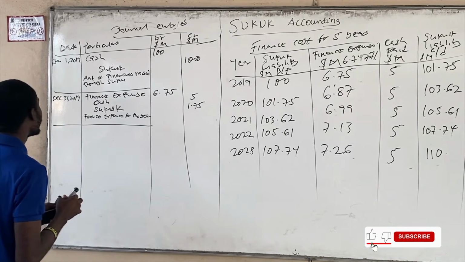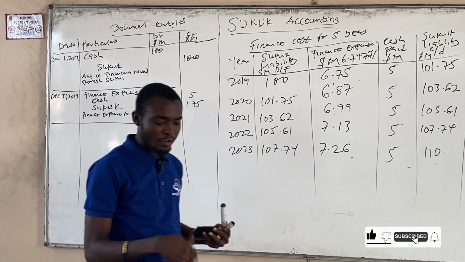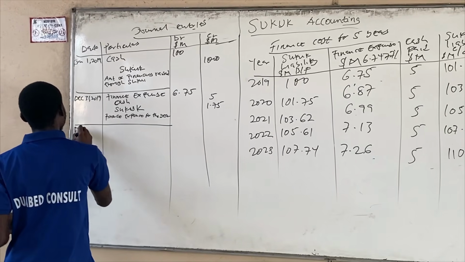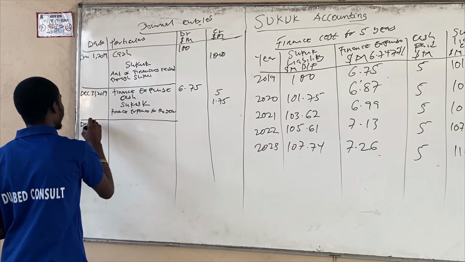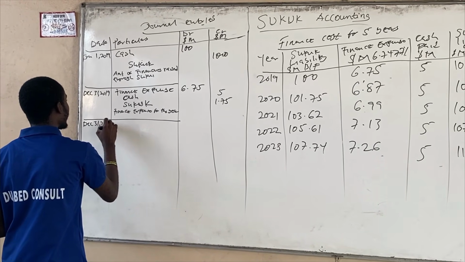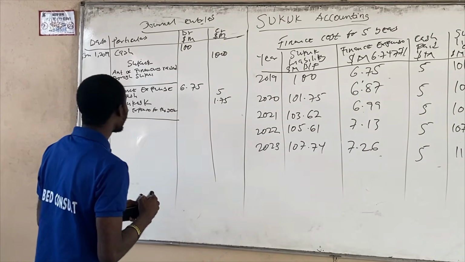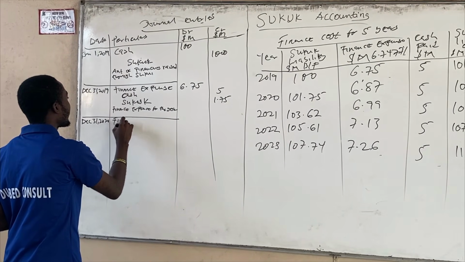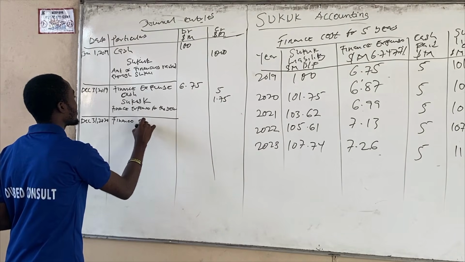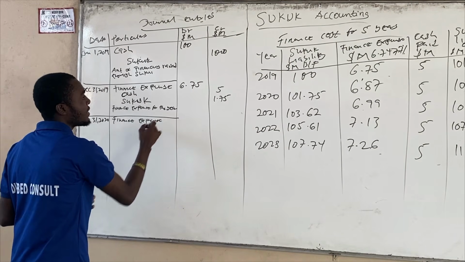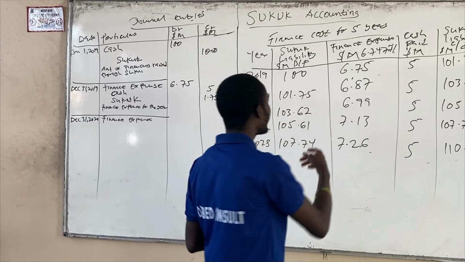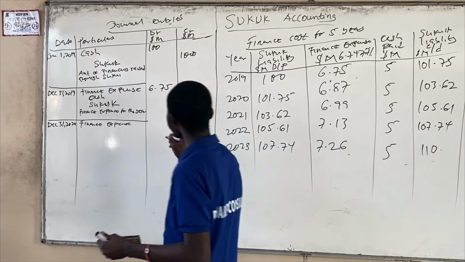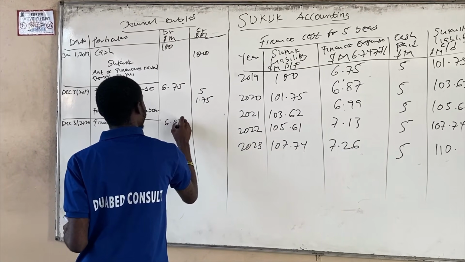Okay, so the next will be the second year transaction, that's the 2022. So over here too, they will pay the finance expense at the end of the accounting year, which is 2020. Okay, so we use the same approach. Finance expense. And then finance expense for 2022 is 6.87.